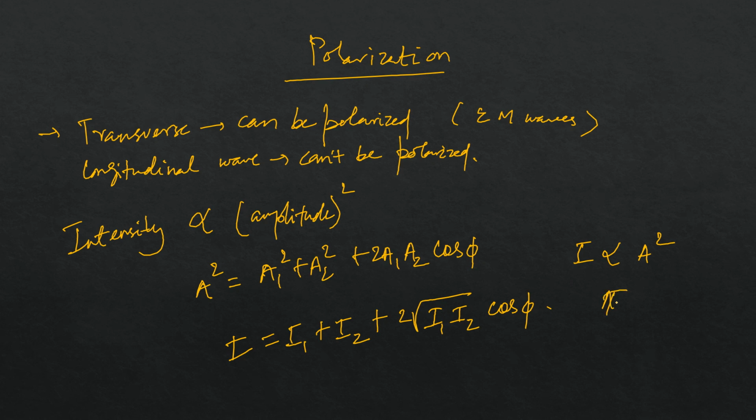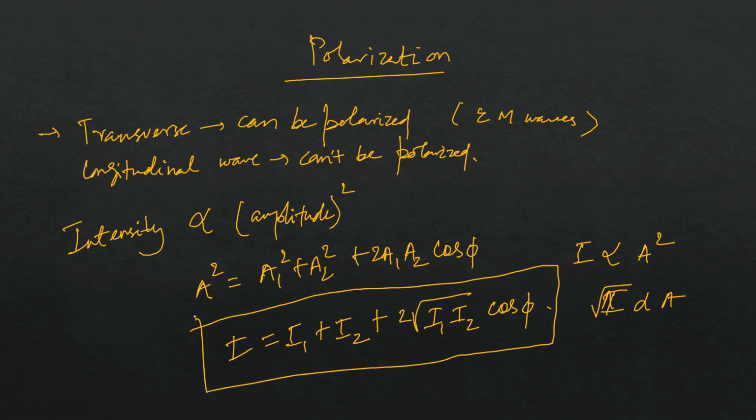So root I is directly proportional to A, meaning a1 is root I1 and a2 is root I2. This is an important formula for intensity.